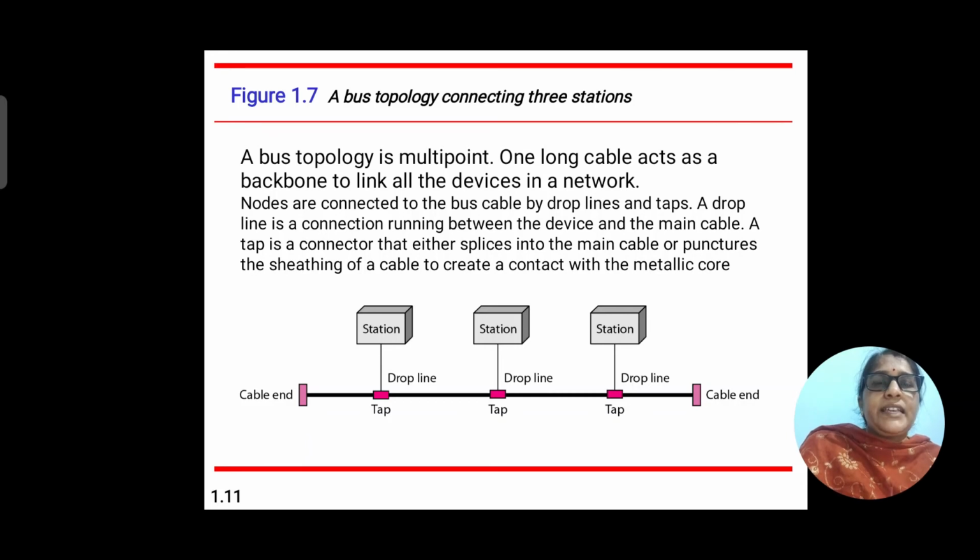A tap is a connector that either splices into the main cable or punctures the sheathing of the cable to create a contact with the metallic core. As shown in this figure also, we have a cable to which we have connected 3 stations by drop lines and taps.